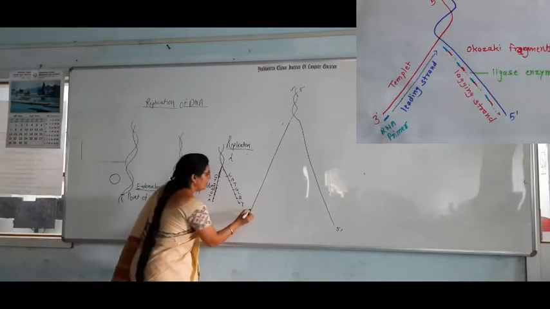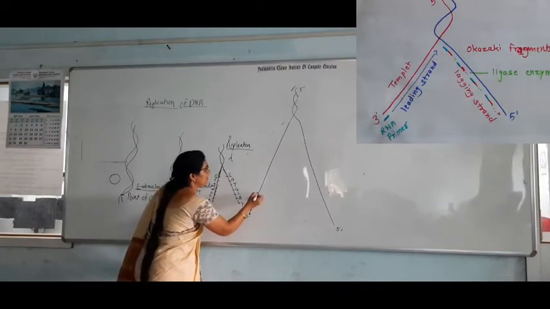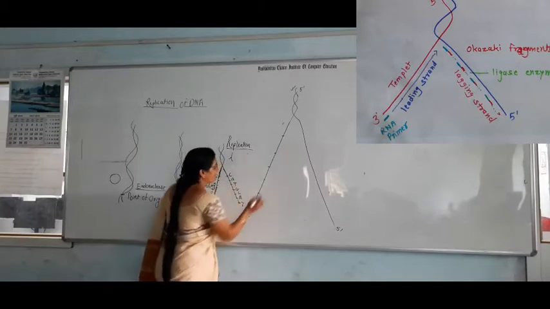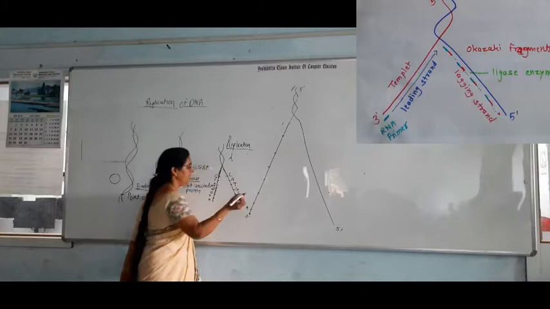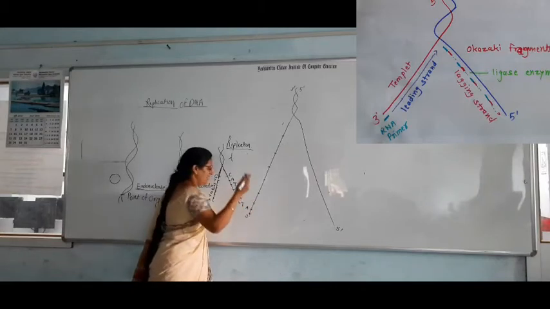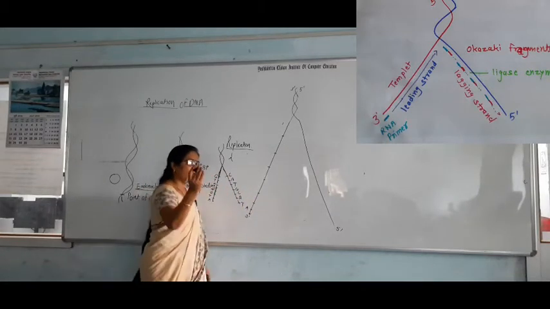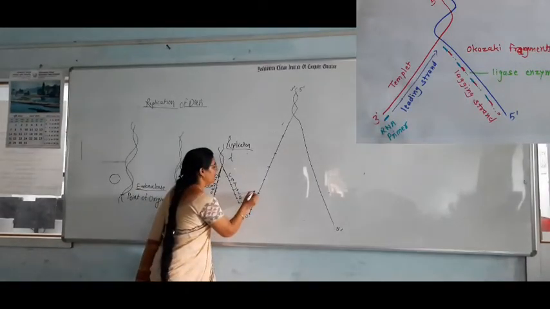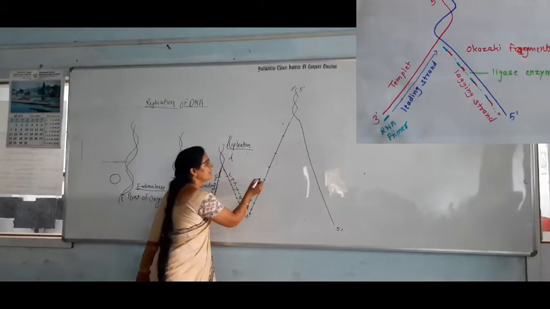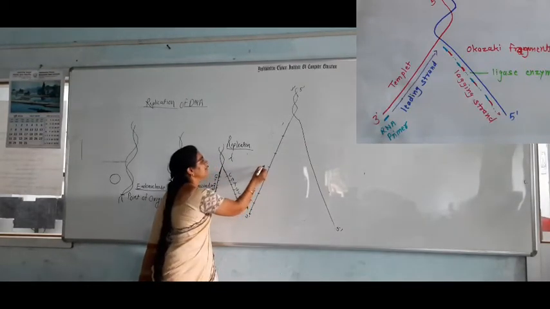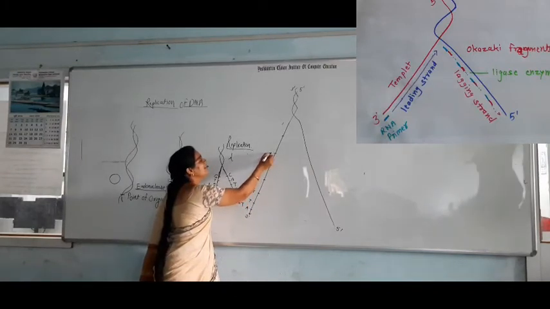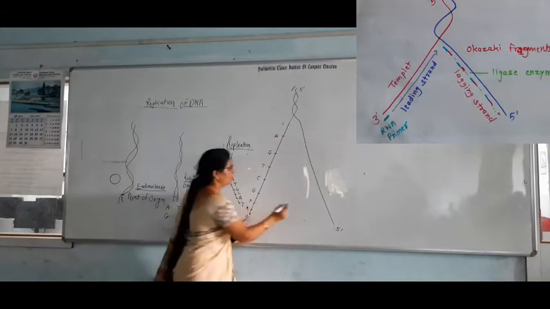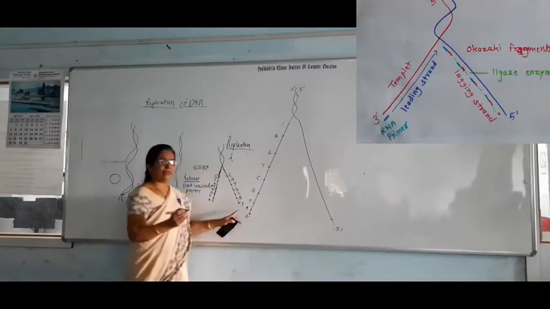So which are the nucleotides? Out of A, T, G, C: A, T, G, C, T, G, A. Which one is complementary to A?